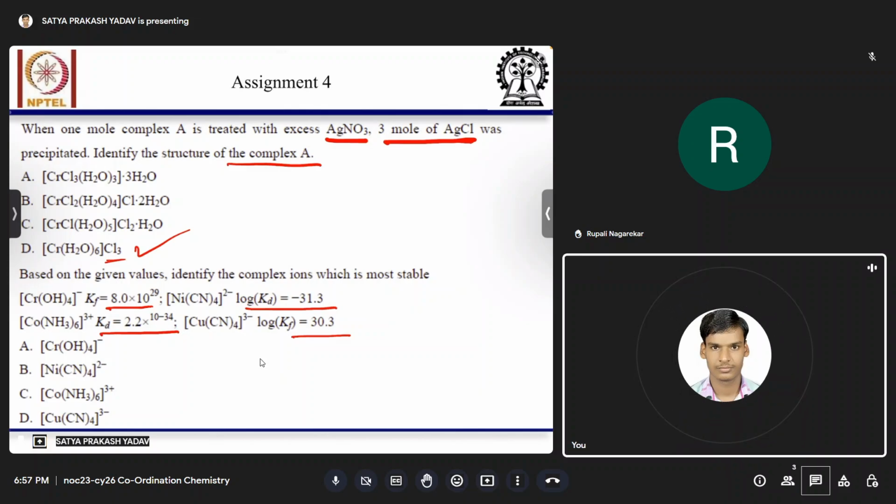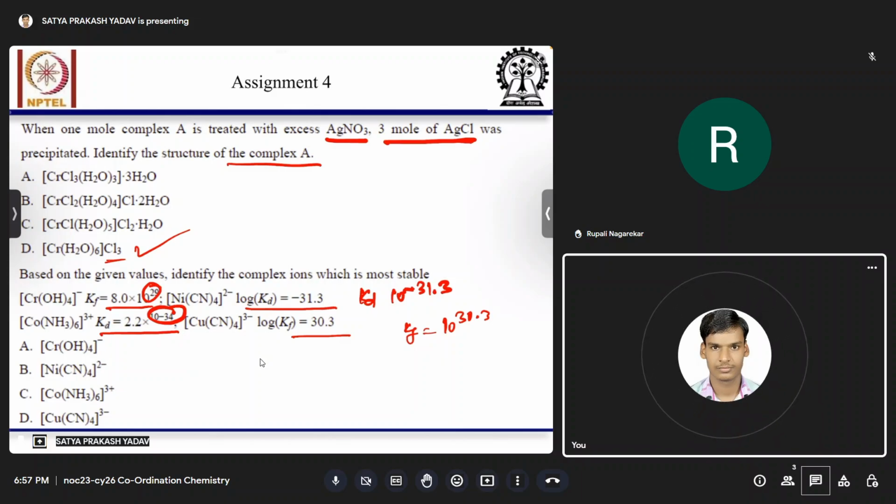So this one has formation constant 10 to the power 34. Log Kf is 13.3, so Kf will be 10 to the power 30.3. This one will be 10 to the power minus 31.3 Kd, and this one has 10 to the power minus 29.